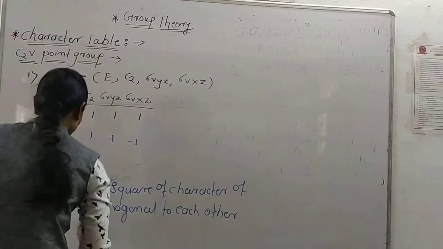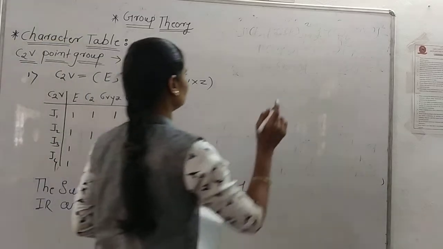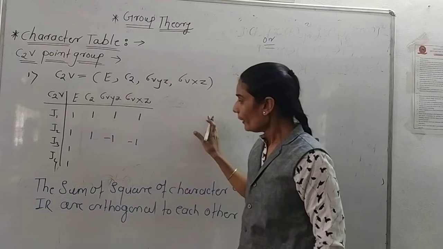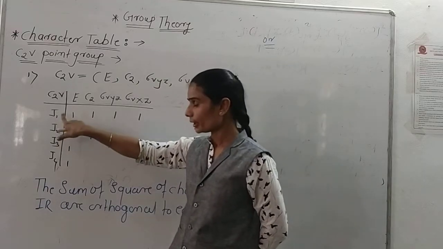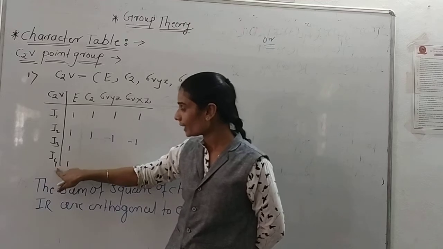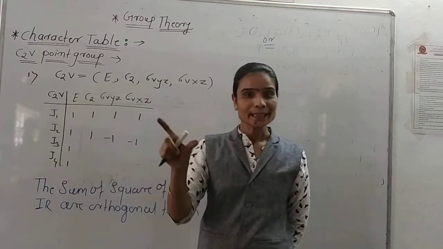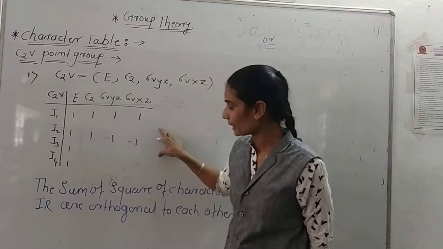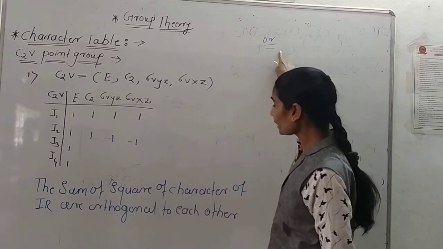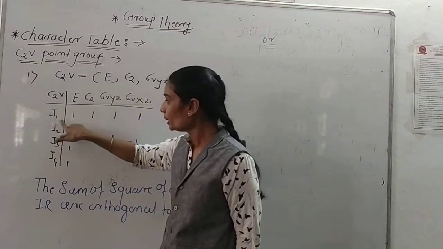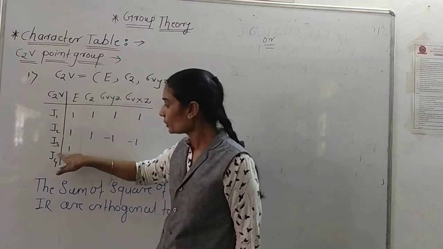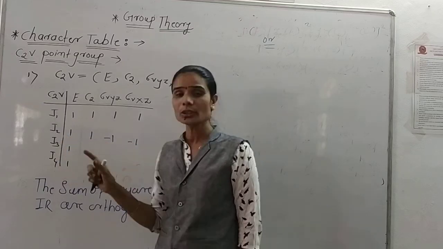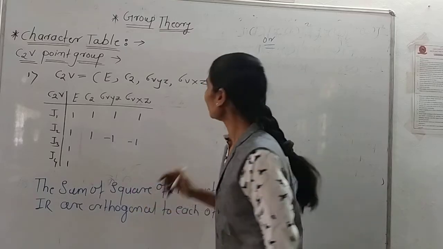I've already said that for every point group, these irreducible representations are orthogonal with each other. Orthogonal means they are related with each other. If we calculate their values with each other, we get their characters. Since they are orthogonal, J1 is orthogonal to J2, J1 is orthogonal to J3, J1 is orthogonal to J4. Similarly J2 is orthogonal to J3, J2 is orthogonal to J4. Orthogonal means they are nearly the same, related to each other.